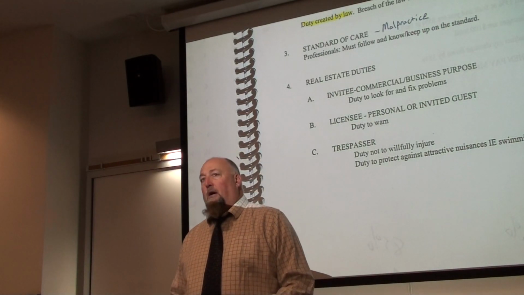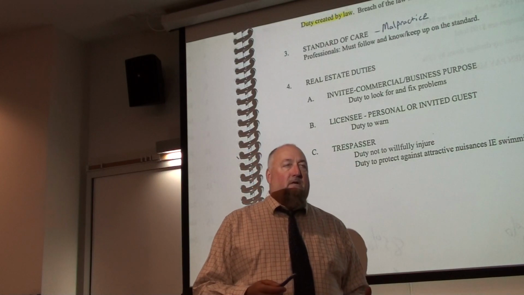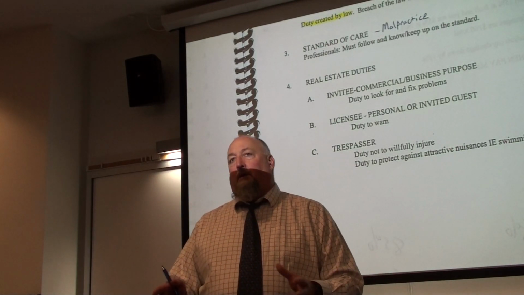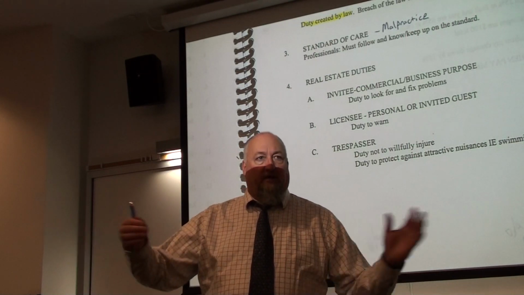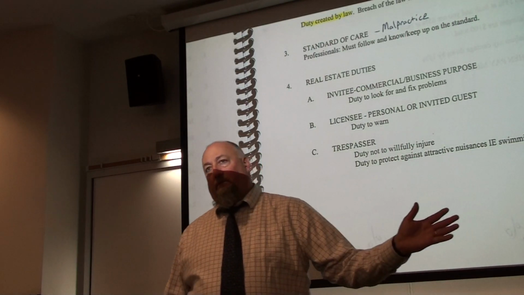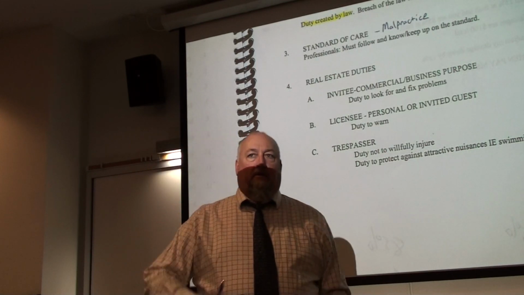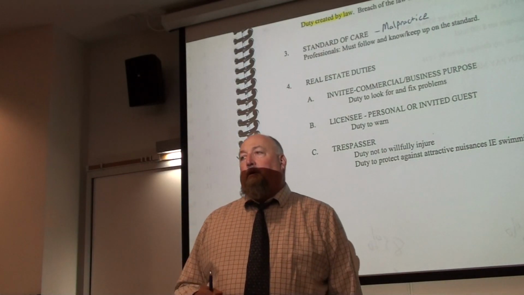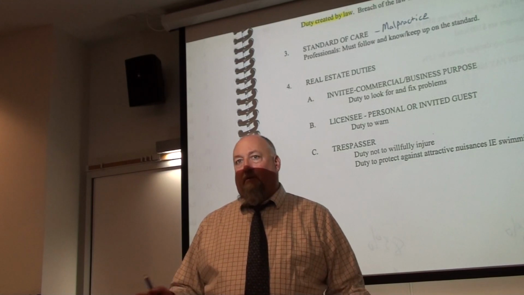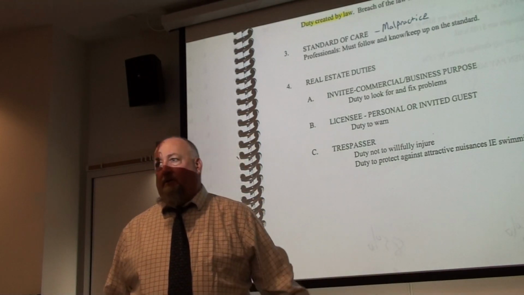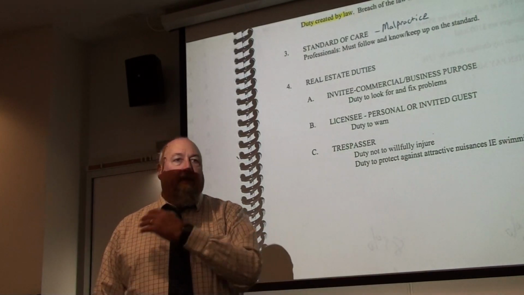Or another situation is, I had a case once involving an empty lot that was next to a convenience store and a school. And the children would cut across the lot at lunchtime to go to the convenience store, and you know, they're trespassing, but there was a trail that had been there literally for 25 years. I mean, it was a daily occurrence.